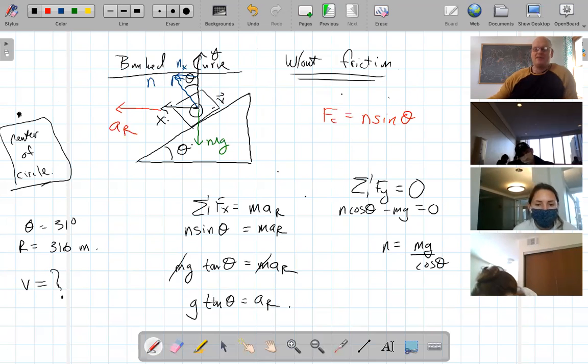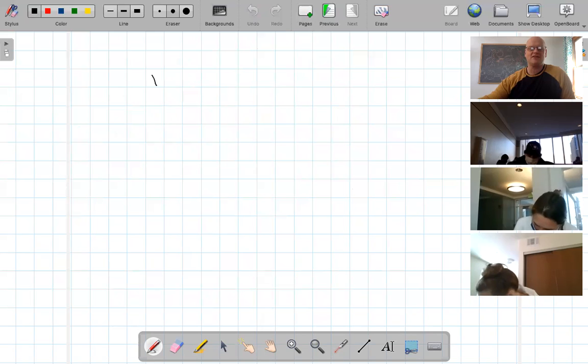So good. Now since we know we're looking for the velocity, we're going to rewrite a_r as simply v squared divided by the radius. From here, we solve for the velocity. So the velocity is equal to the square root of g times the radius times tangent of theta.